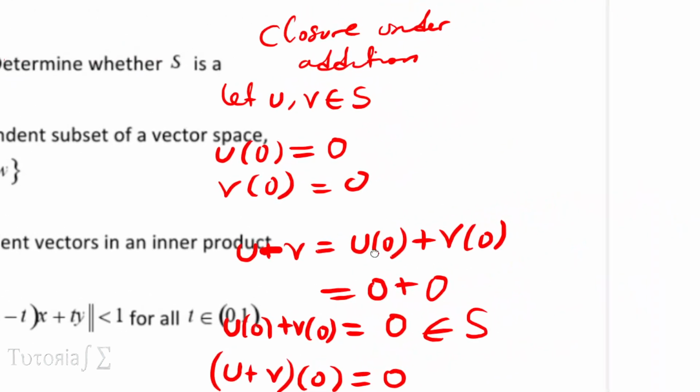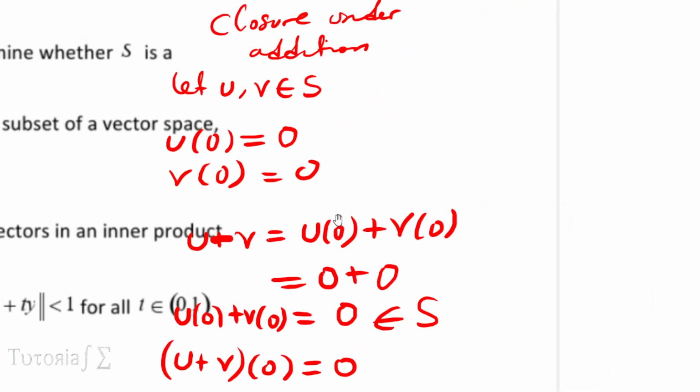Now we go for closure under multiplication. Okay, so closure under multiplication, we're just getting alpha u. If we get alpha u, it should still maintain the definition. So alpha u will be equal to alpha times u of 0.